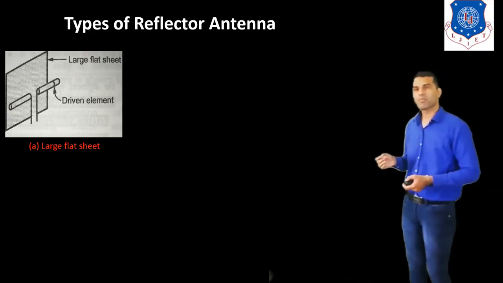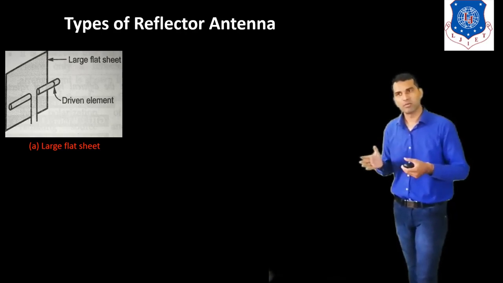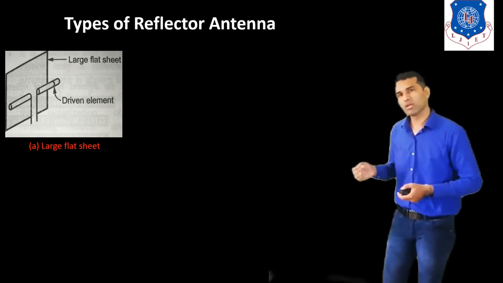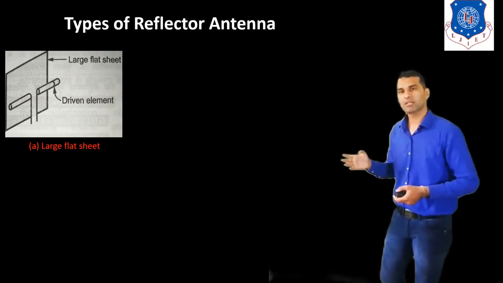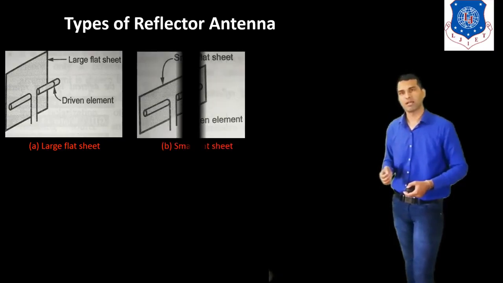This dipole acts as a simple input feed antenna, or the primary antenna, and the large sheet is simply the secondary antenna.